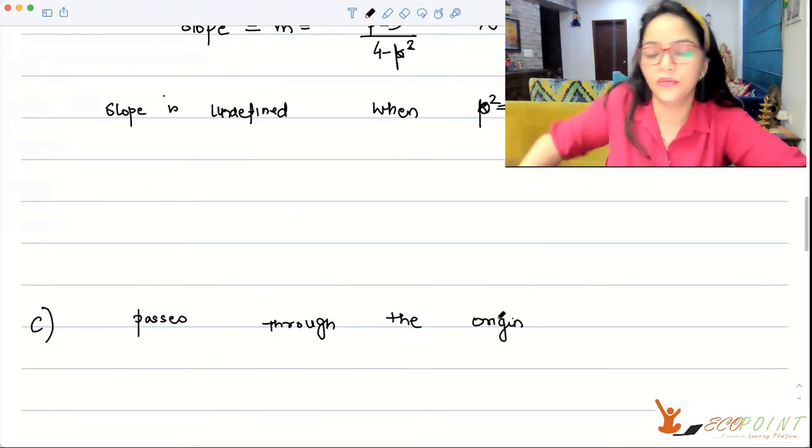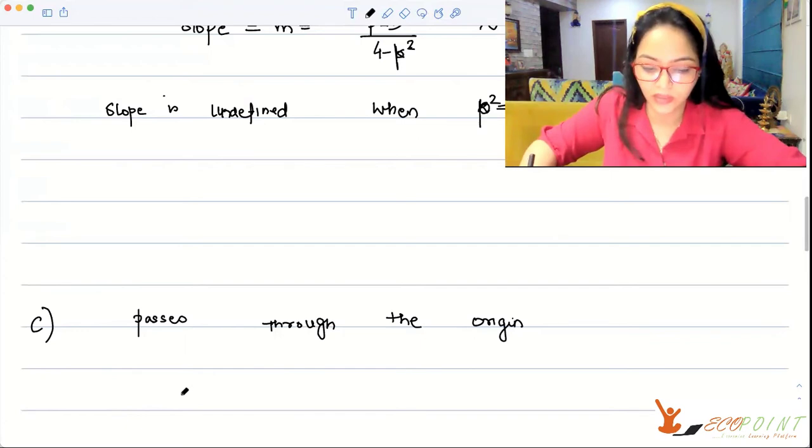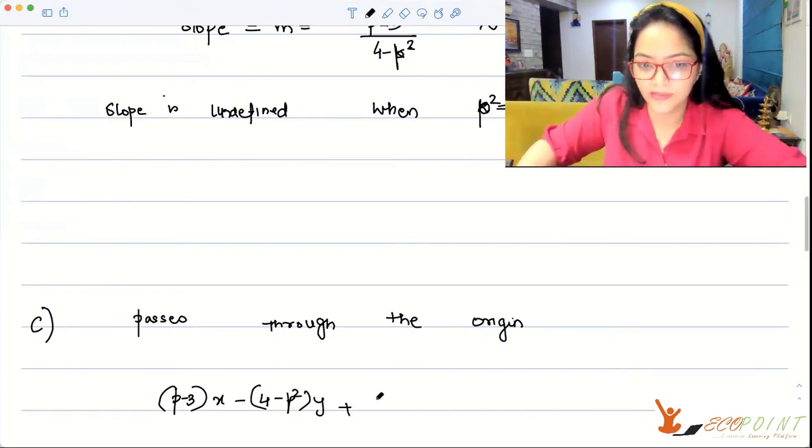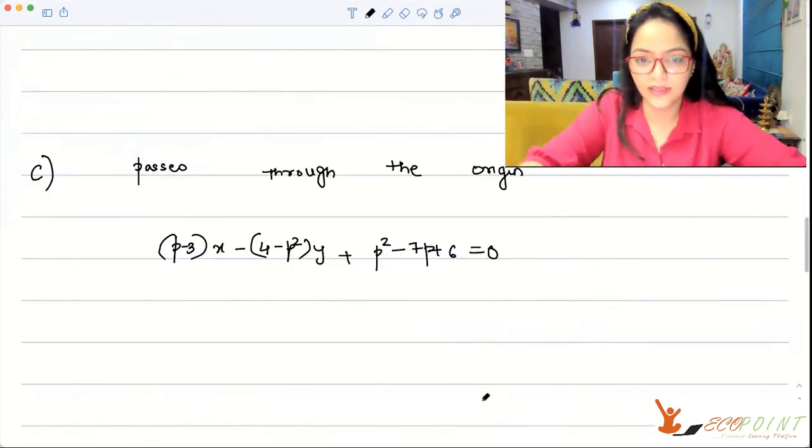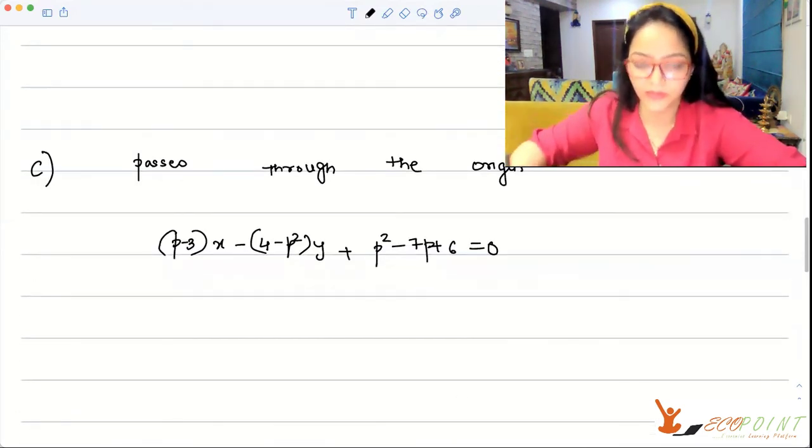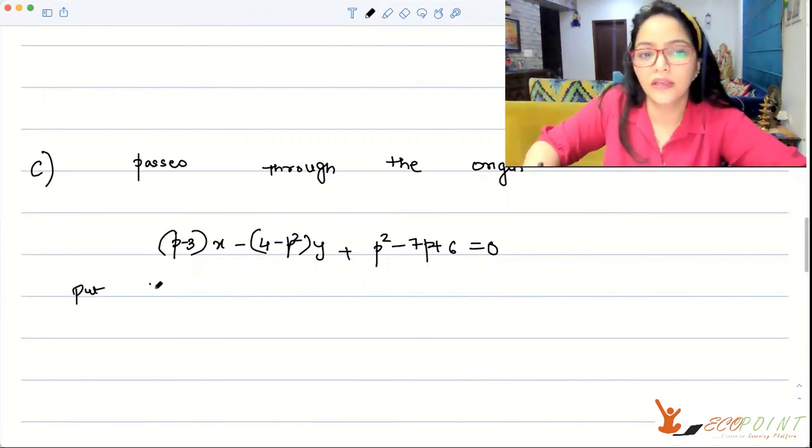So our line is (P minus 3) times x plus (4 minus P square) times y plus P square minus 7P plus 6 equals 0, right? So this is the line that we have, and we want it to pass through (0, 0). So that means the equation gets satisfied at (0, 0). So put x equal to y equal to 0.